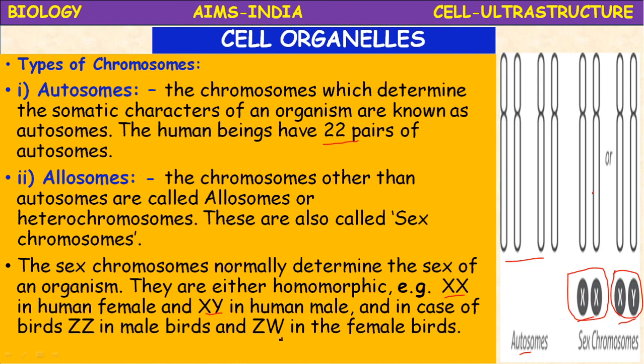In the human female it is XX, one pair, representing the female human, and XY representing the male human. In birds, ZZ represents the male bird and ZW represents the female bird.